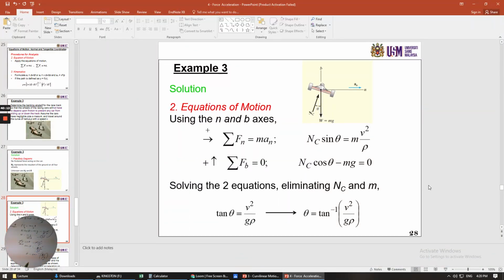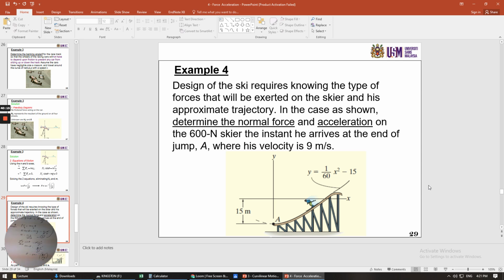Alright, let's move on to example number 4. This one involves some values. In this case we have a ski guy again. It goes up and then down, and at point A, since he will go up like this, our center of curvature would be up here, so our normal is going up.